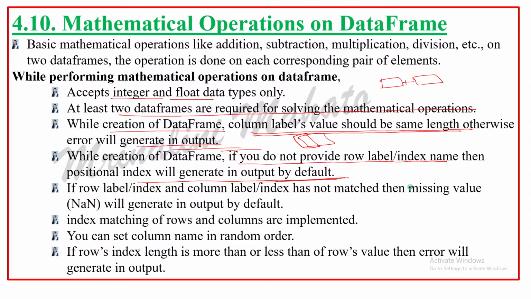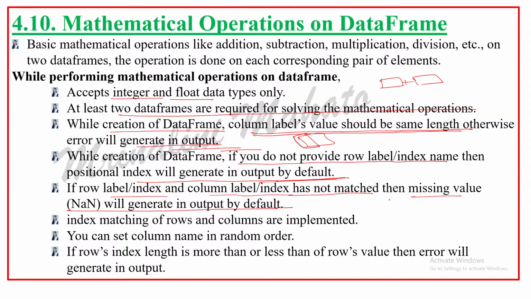Next, if row label or row index and column label or column index have not matched, then missing value NaN will generate in output by default.